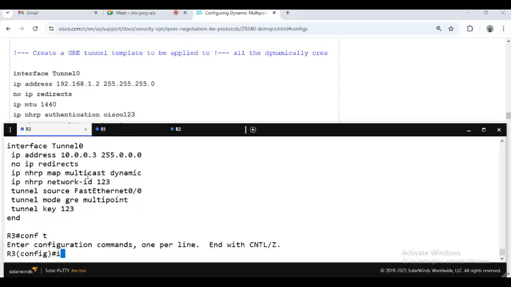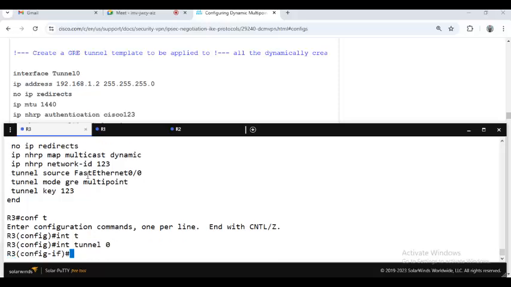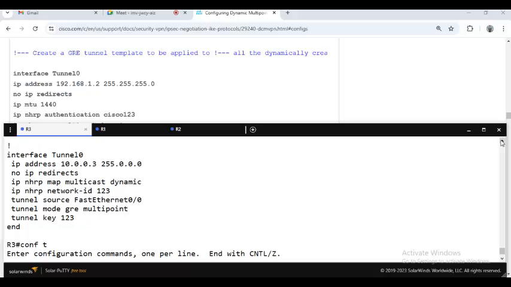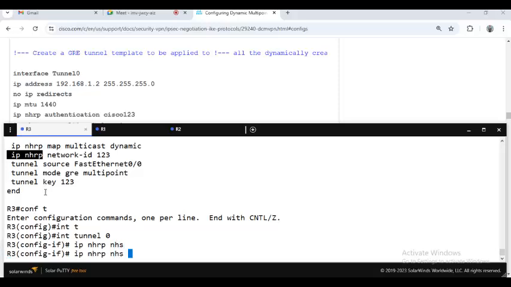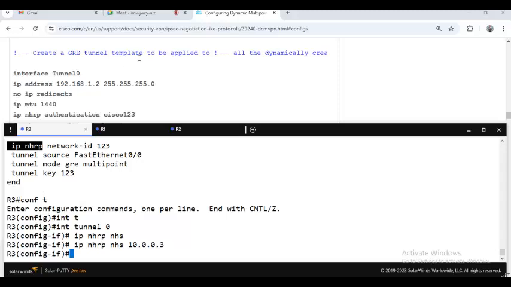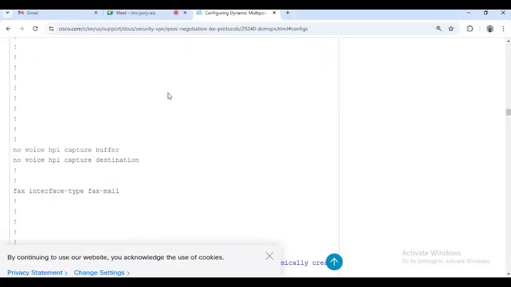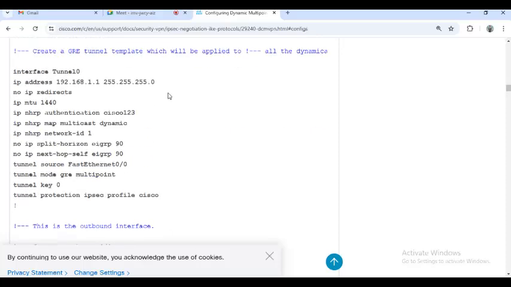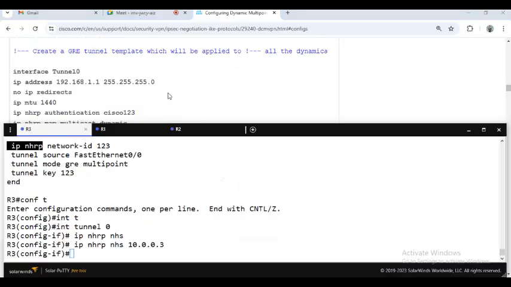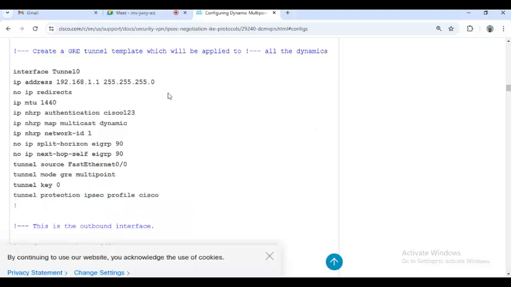Let's go verify on the hub router. Multicast dynamic, have we given multicast dynamic? It is given. ID is given. Only 2. So this is also not needed.